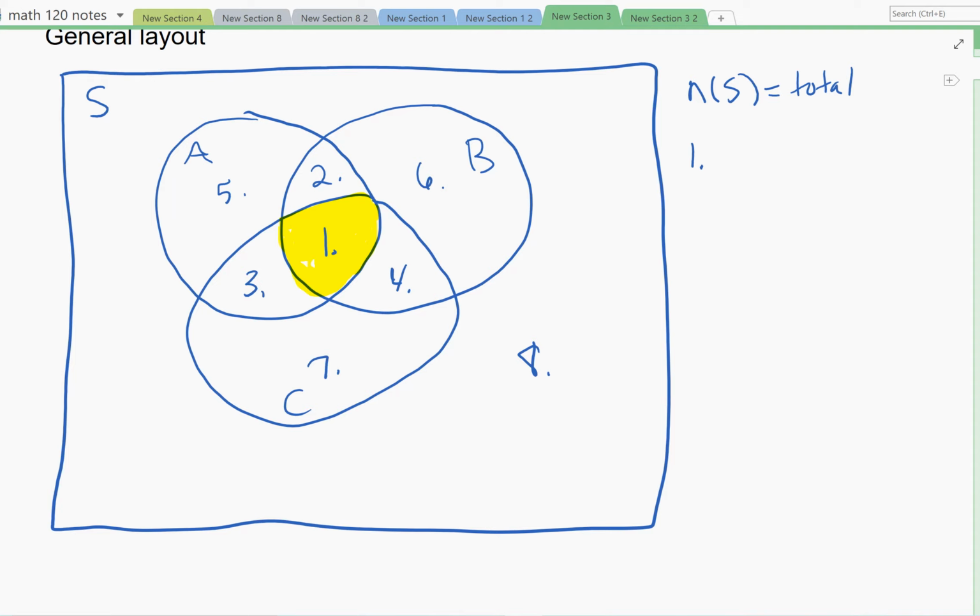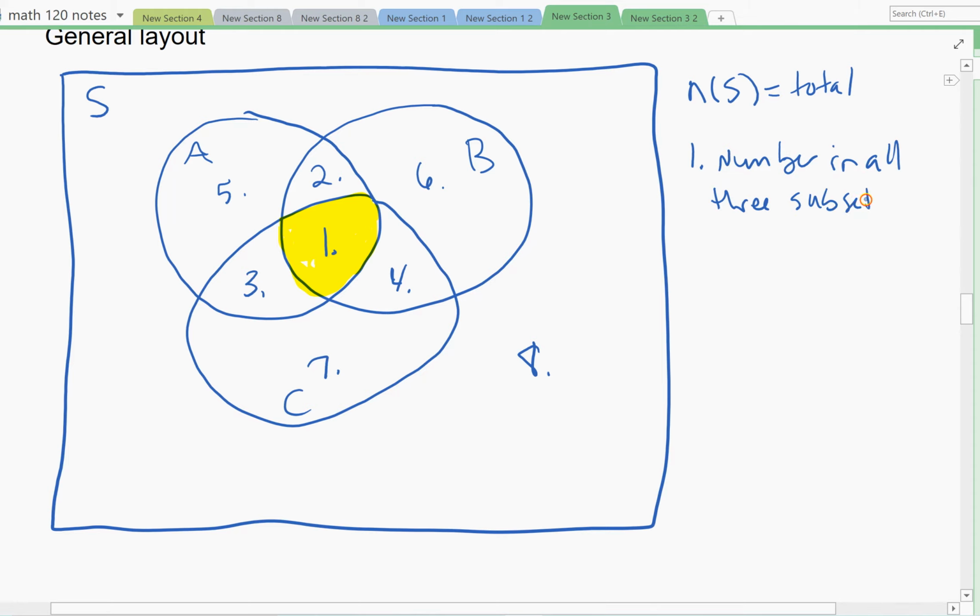That would be that middle part, and we put that number in. This would be the number in all 3 subsets, the number of people or items that are in subsets A, B, and C.